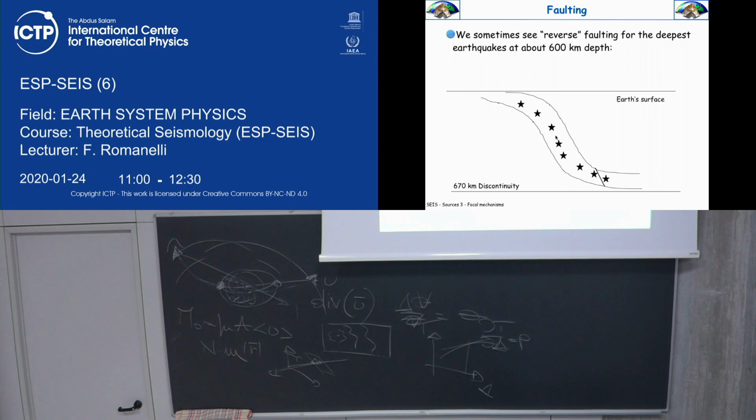So you are waiting for white inside, and again maybe compression where the slab is feeling some resistance deeper. So the general message is, looking at the focal mechanisms, you can receive hints about the tectonic regime. These are the good news.